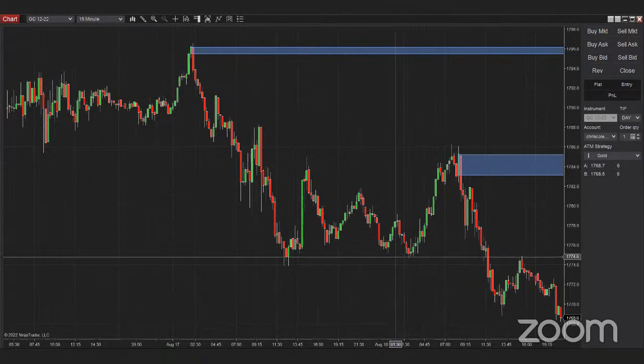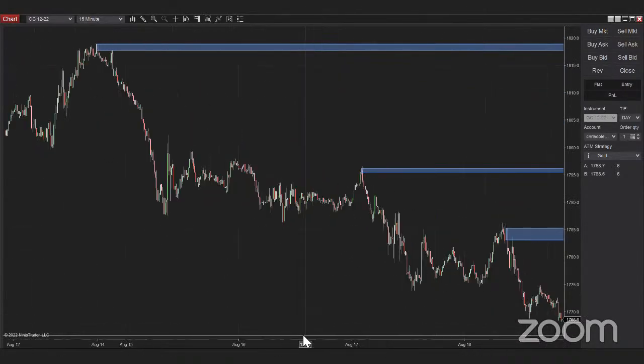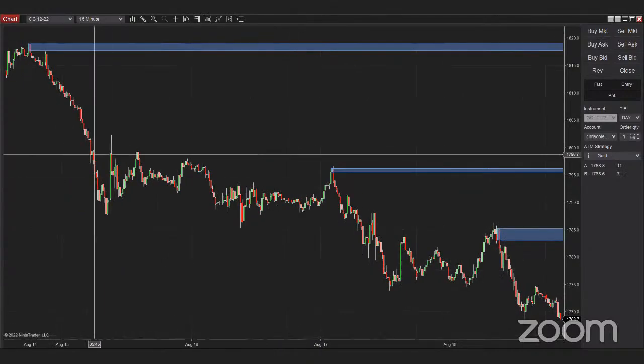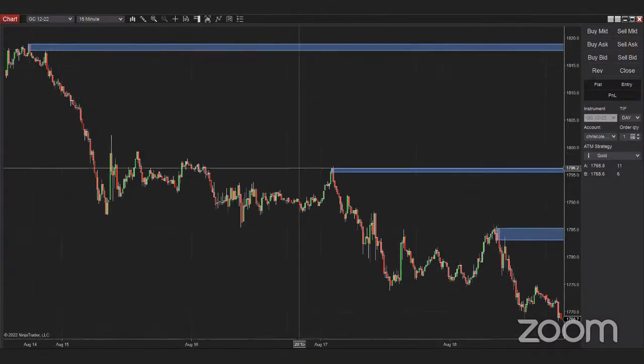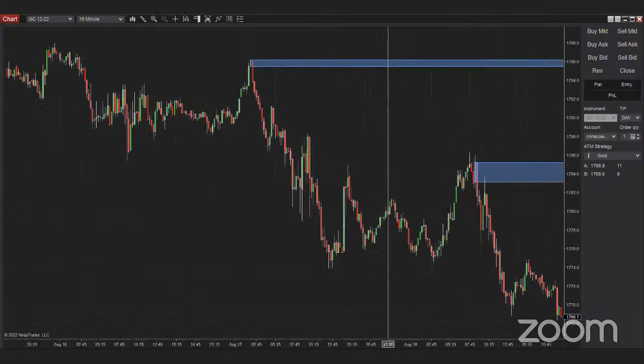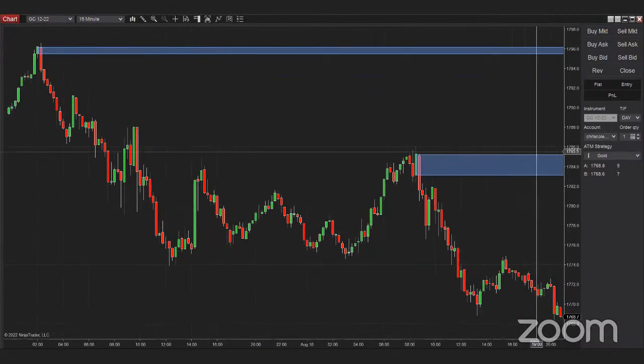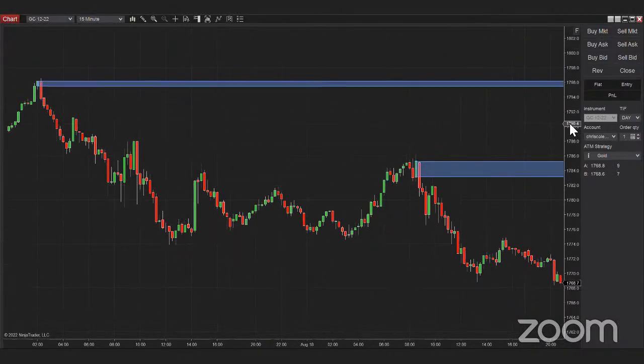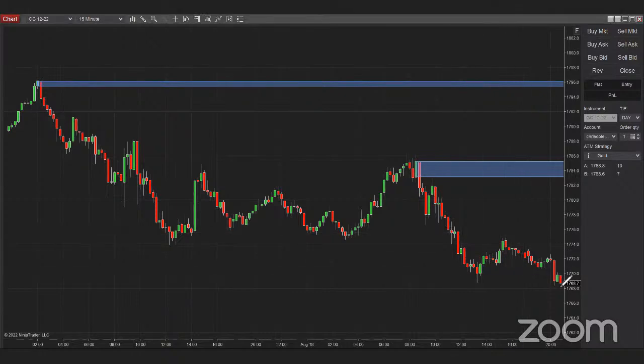Okay, so when we start talking about patience and discipline and reducing risk, that one is pretty good there. So now I have my refined support and resistance zones. I know that the market at some point is going to come back and retrace and test these levels.